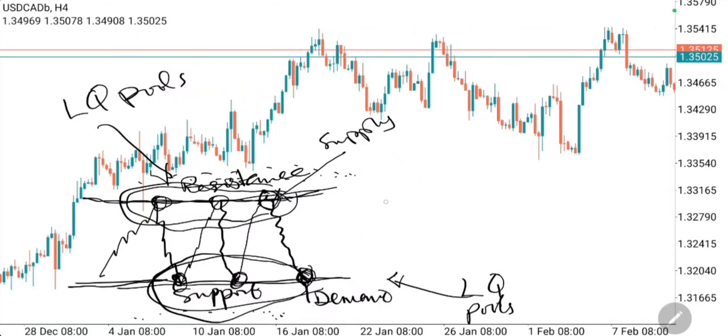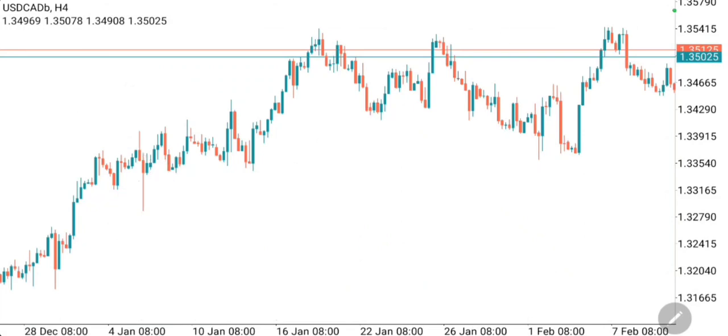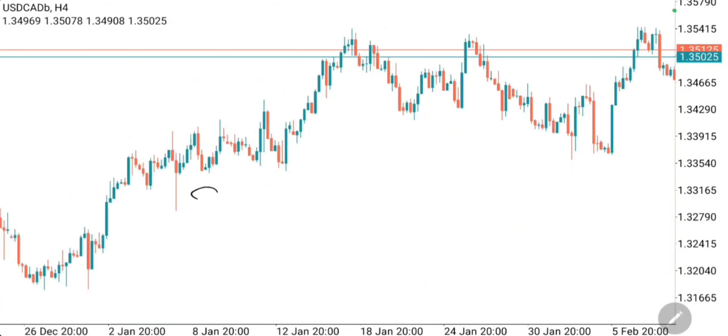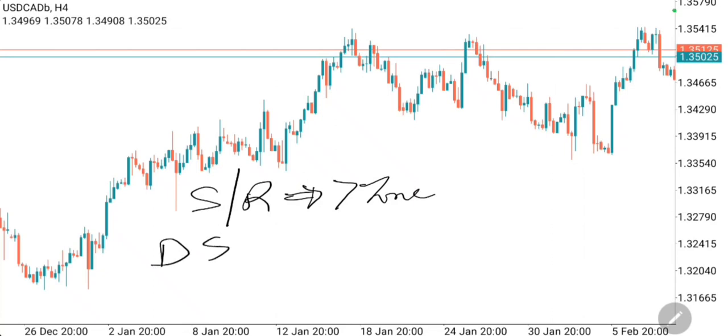But in the world of demand and supply zones, the more price comes to a zone, the weaker the zone. Let me explain what I mean. For support and resistance, the more price comes to the zone, the stronger the zone. For a demand and supply zone, the more price comes to the zone, the weaker the zone.